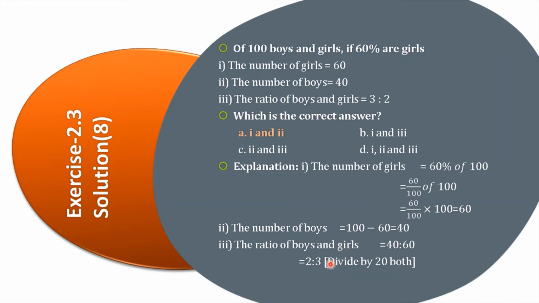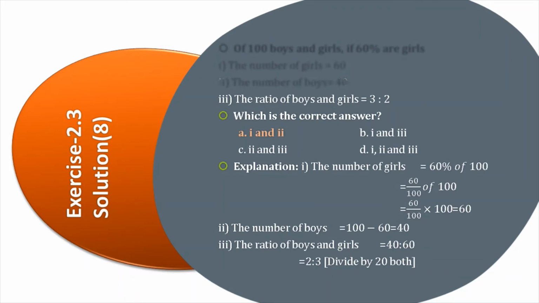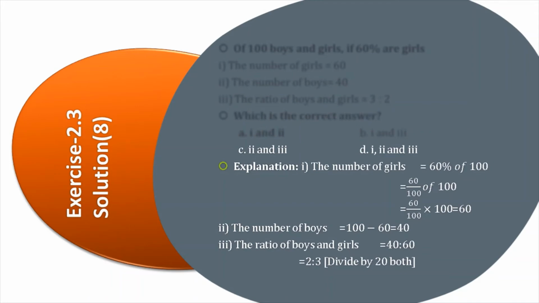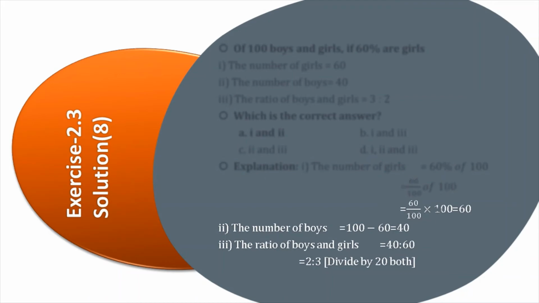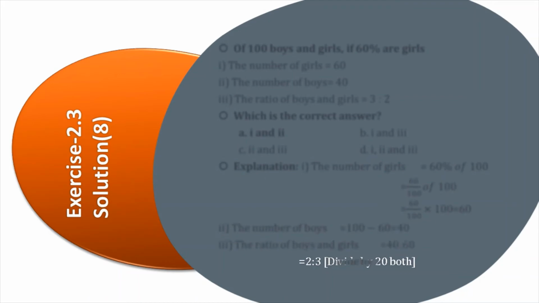So this one is not correct. So we get the answer 1 and 2. My dear students, this is our desired answer of solution number 8. As you can see from the explanation, number 1 and number 2 are correct, but number 3 is not correct.